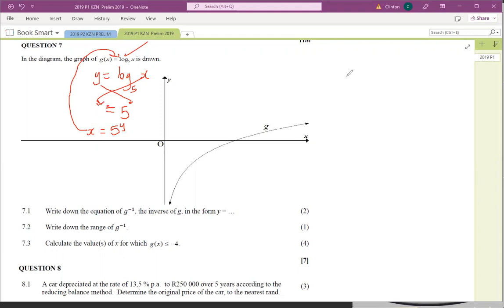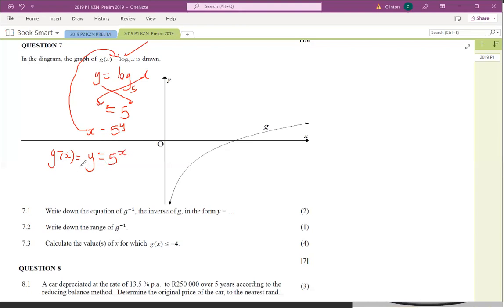Now I'm going to do the inverse of g. Remember, to do the inverse, you just switch x and y: where I see x, I put y, and where I see y, I put x.